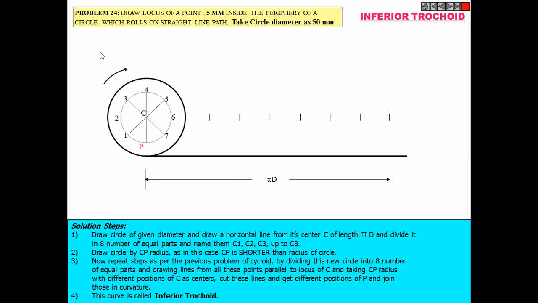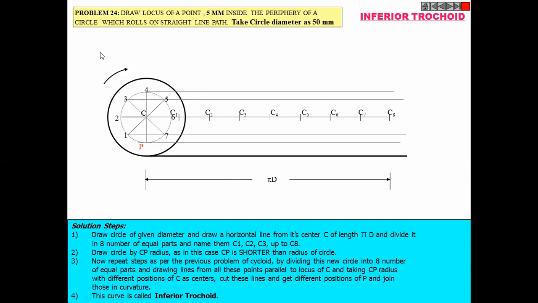Equal parts are same as pi d equal parts. We will extend horizontal lines from each and every point. 1, 2, 3, 4, 5 is already there, 6 is already there, 7 is already there.